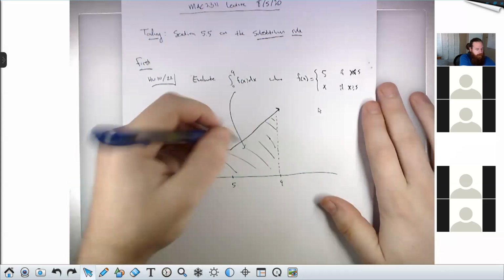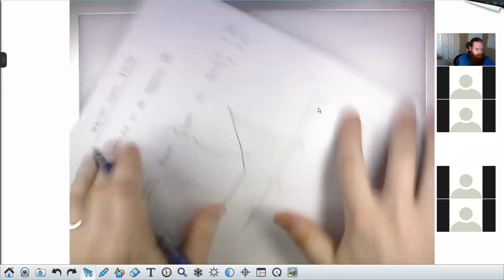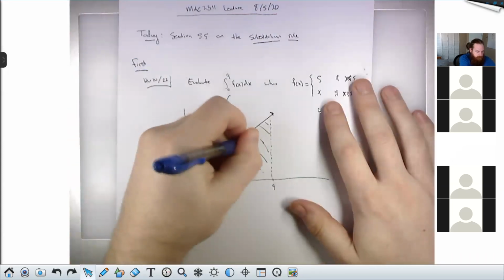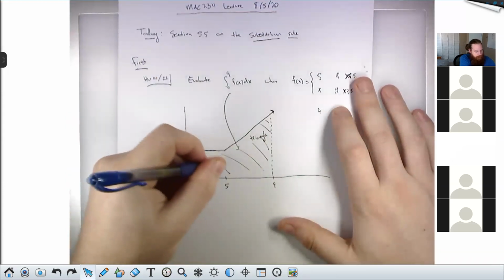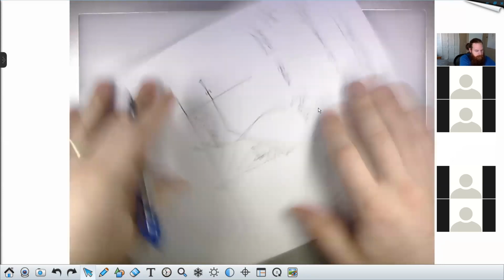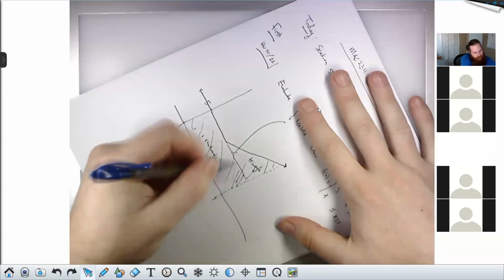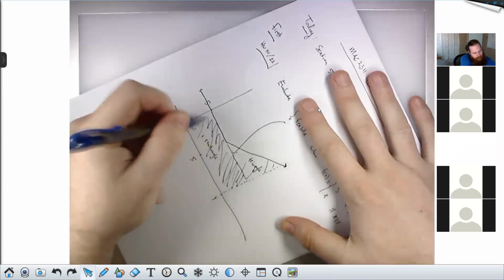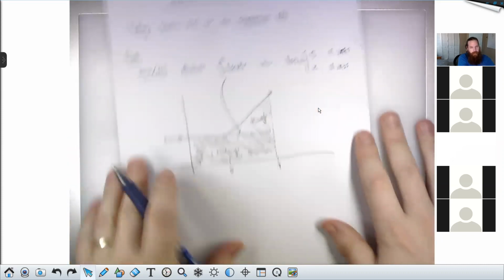I can find the area of this rectangular region here. Got this triangle plus this rectangle. Let's find the rectangle area.